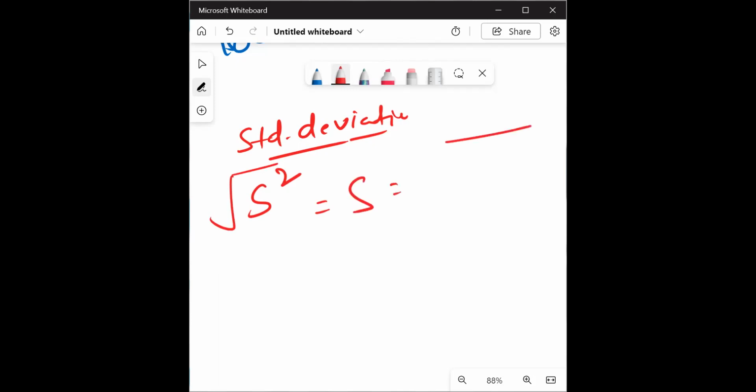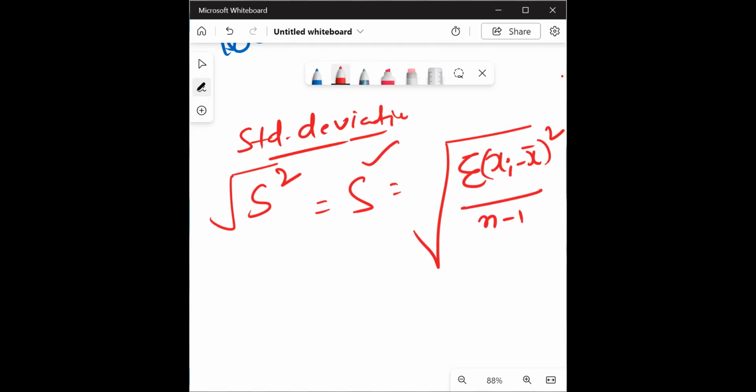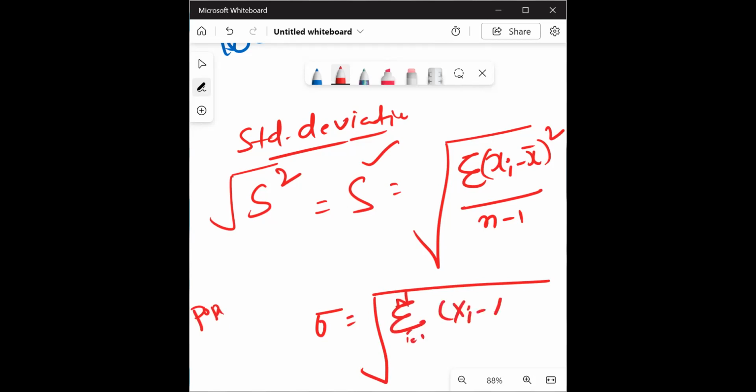So the formula for this one is sum of xi minus x bar whole square, by n minus 1. This is the formula for the standard deviation for the sample. And when it comes to the standard deviation for the population, it is the sum from 1 to capital N of xi minus the mean whole square, by capital N. So this is the formula, nothing else.